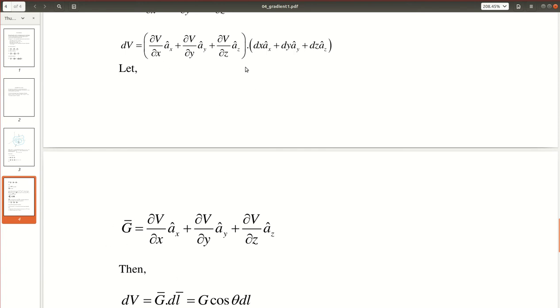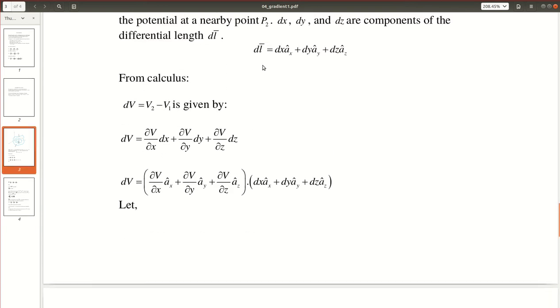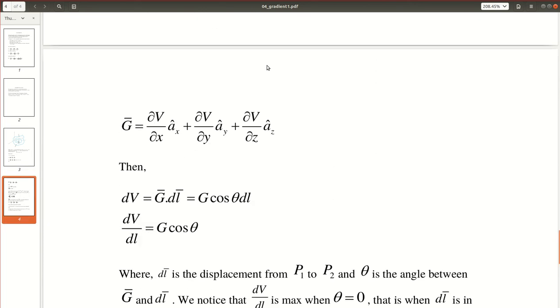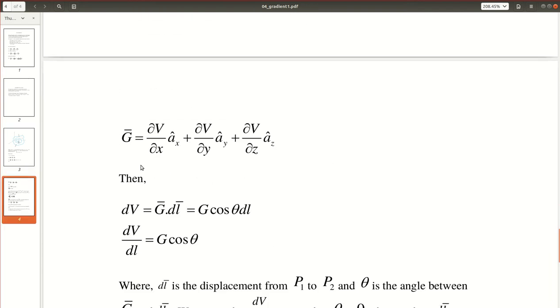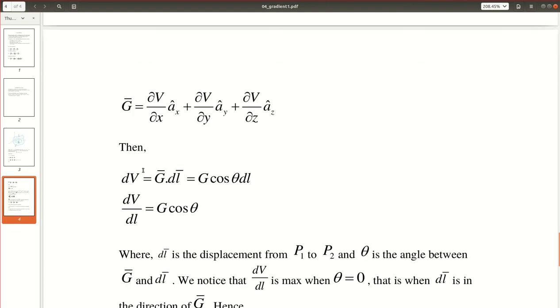Okay, so this is J dash, and this one is the dl, the differential displacement. So dV, the calculus over V, over the potential, is equal to J dash dot dl.